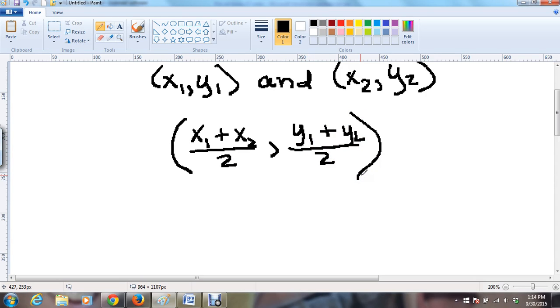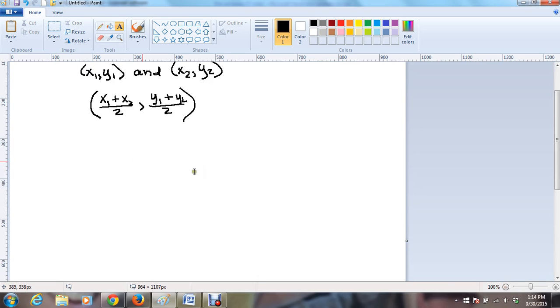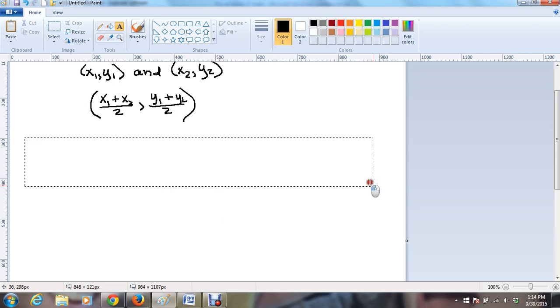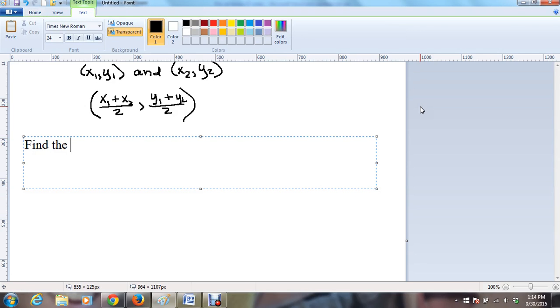That's the midpoint formula. So if you're trying to find the coordinates of the midpoint, all right, say you want to find the coordinates of the point halfway between (-2, 6) and (4, -10).